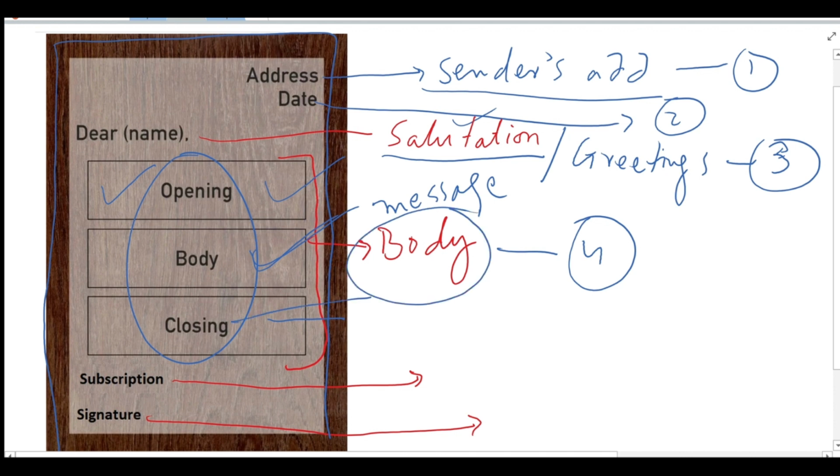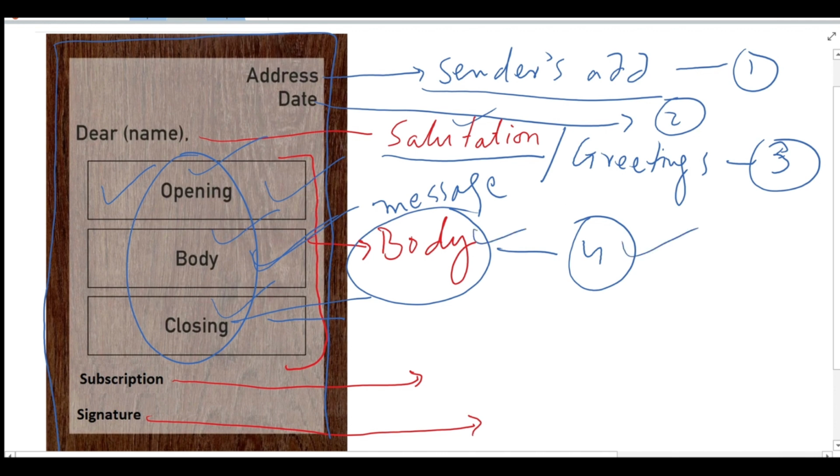Last we have the closing. In the closing, we can write like I look forward to hearing from you soon, or we can also say I look forward to inviting you next week. It depends on what kind of letter it is and to whom you are writing. According to that, you have to write the opening, the message and the closing. This complete thing is called the body, and this is the fourth part.